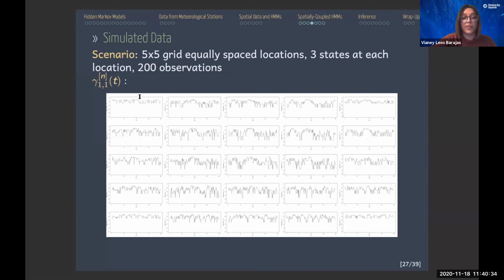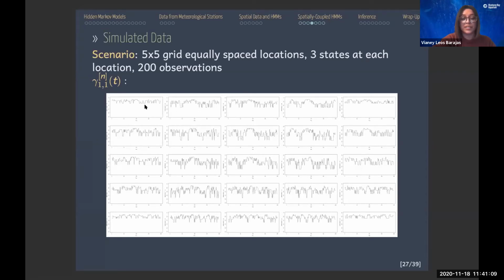For instance, if you have a 5x5 grid of spatial locations, say location 1,1, it will have neighbors 1,2 and 2,1 if we incorporate this Rook neighborhood structure. If we look at just one entry of the transition probability matrix, gamma 1,1, which means the probability that you were in state 1 and you transition to state 1, you'll see that here it doesn't vary very much over time, because it likely really only has 2 neighbors.